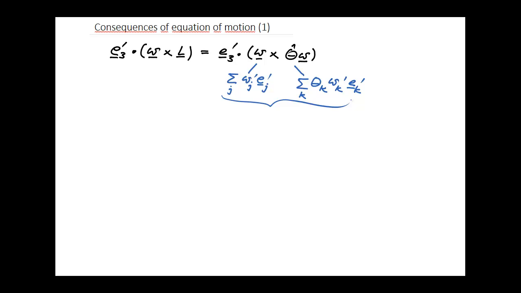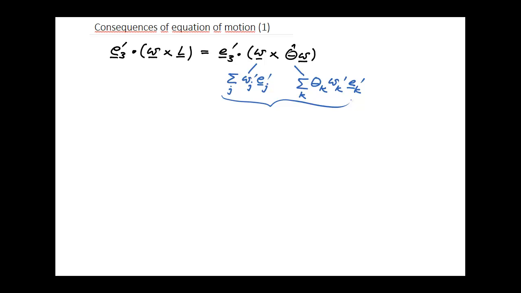So we can take all the numbers in front, the components omega j and the eigenvalues, and then we have a vector product, basis vector ej with basis vector ek. And that's something that we had looked at last week. The vector product of two basis vectors of an orthonormal basis can be written with the help of the Levi-Civita symbol.